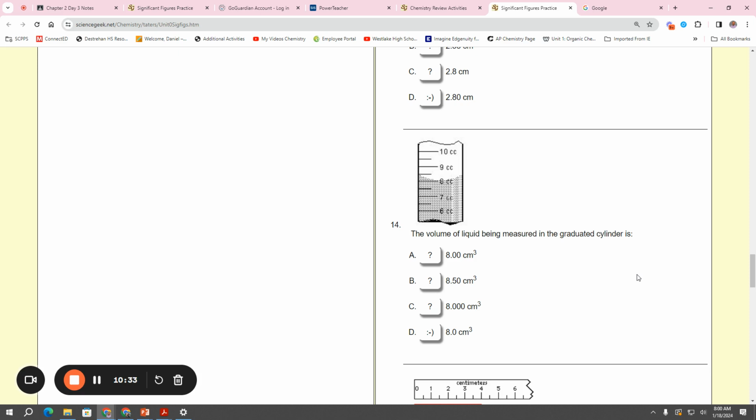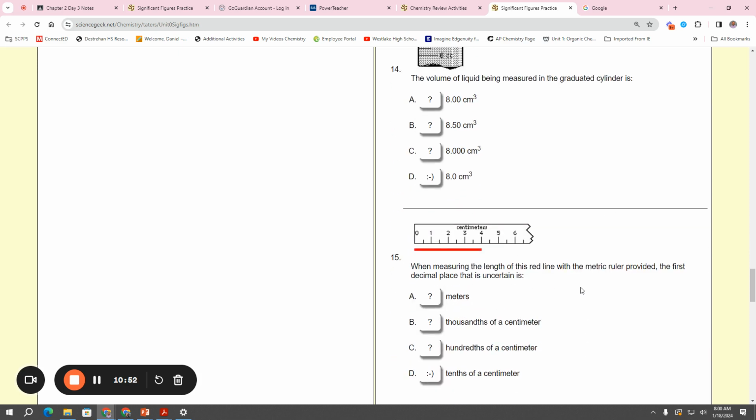On this one, they wanted the correct answer of 8.0. I probably would have chosen 8.00 in this case. All right. So just be aware that there are some slightly different perspectives on those, and just kind of deal with that.